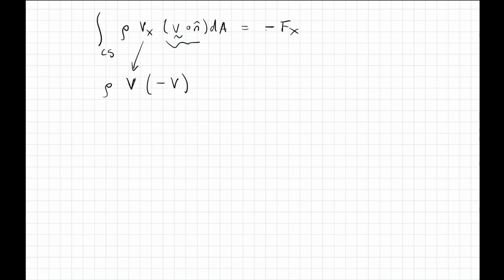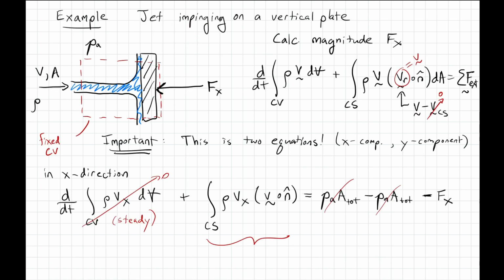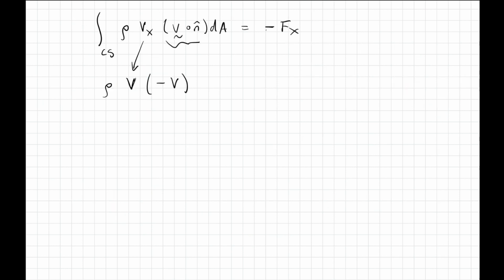So why is it minus v? It's because the velocity is in the opposite direction of the unit normal. Let's go back to that page one more time. Let me draw our unit normal here. This right here is our unit normal, and our velocity is in the opposite direction of that, which produces this minus sign.